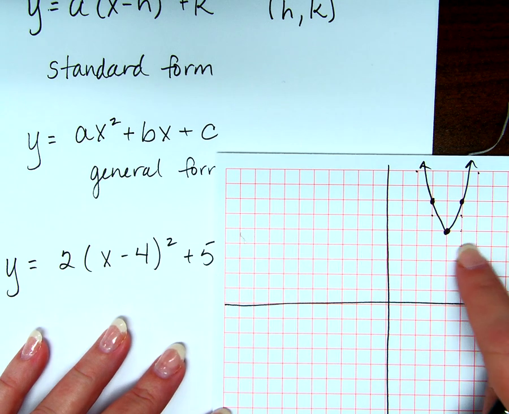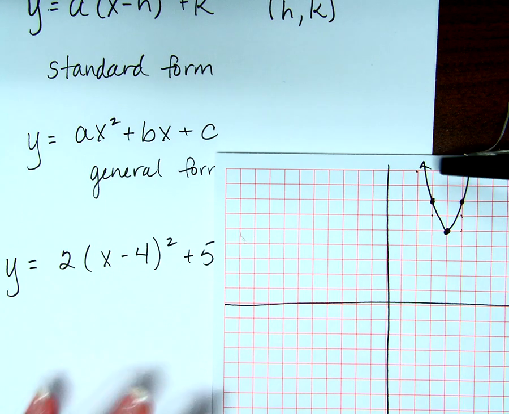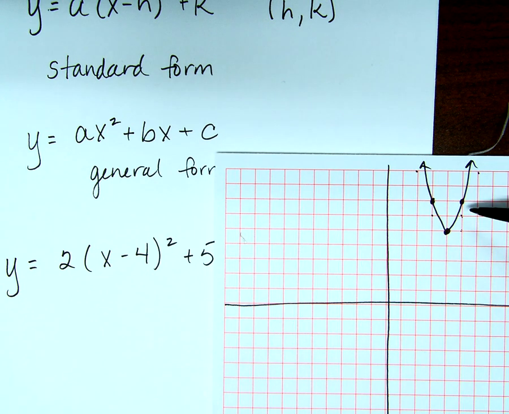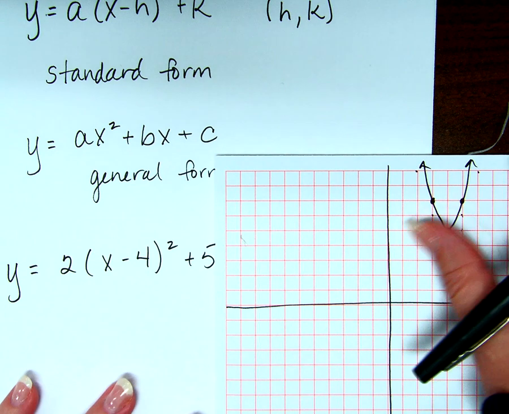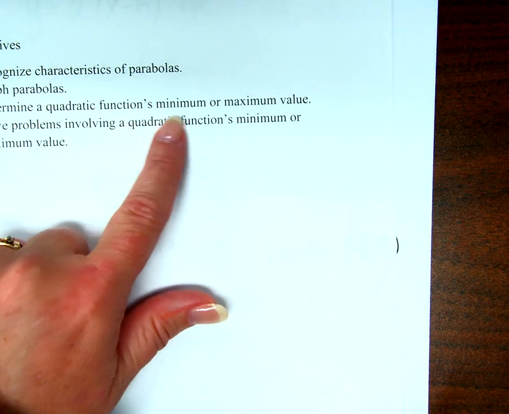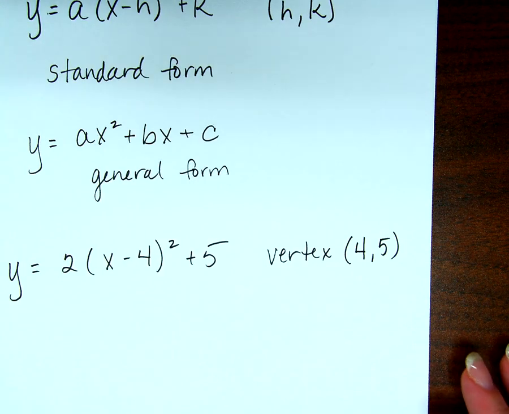So on this particular parabola, does it have a minimum or does it have a maximum? Why is it minimum? It has a lowest point, right? And where is the minimum of this parabola? 4, 5. It's at the vertex, right? For a parabola, if we're determining a quadratic function's minimum or maximum, we're looking for the vertex, aren't we?